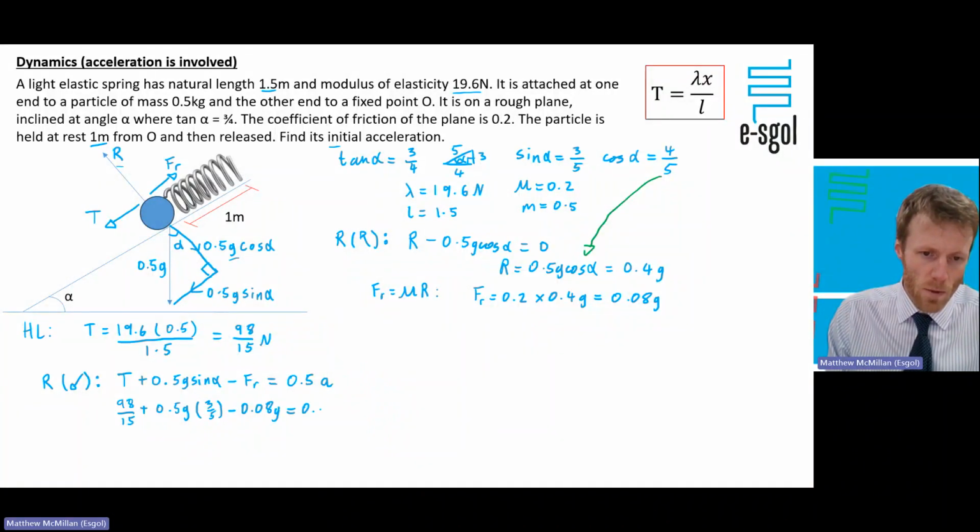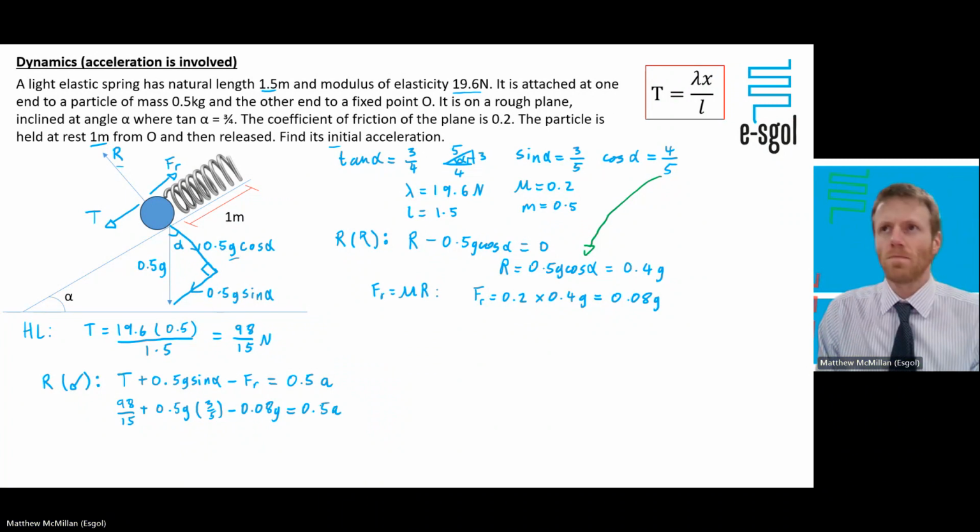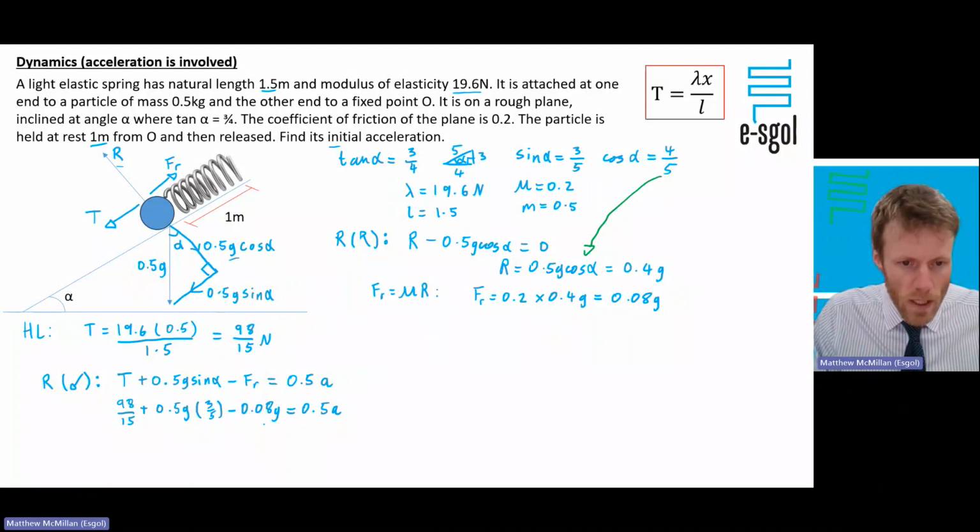And that equals 0.5 a. Now, if we rearrange this, we get a equals 17.4 meters per second squared. I've rounded that to 3 significant figures.